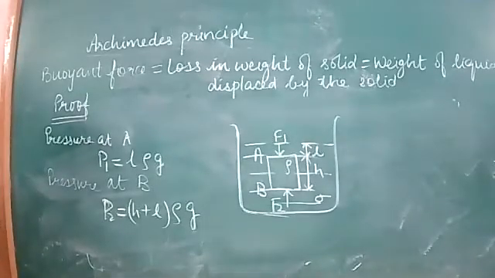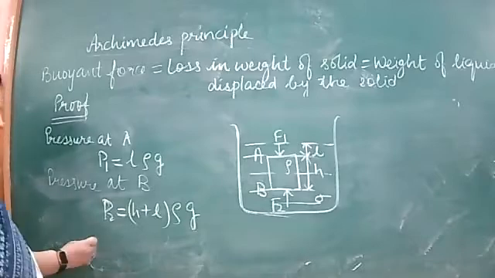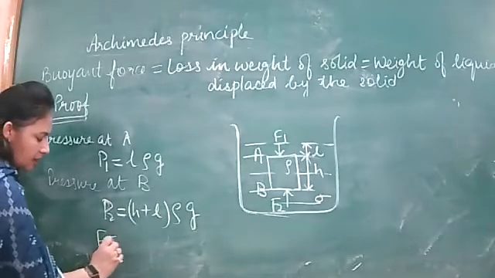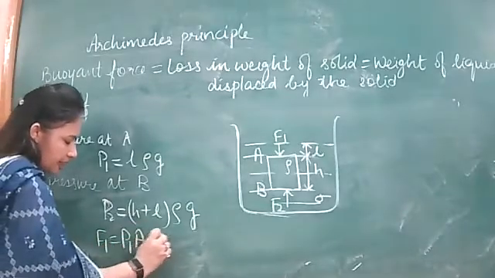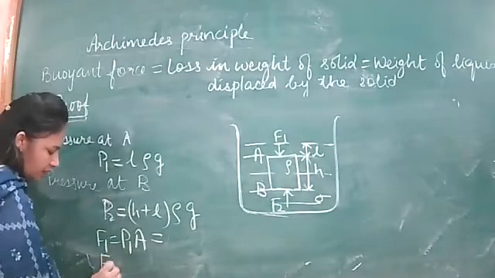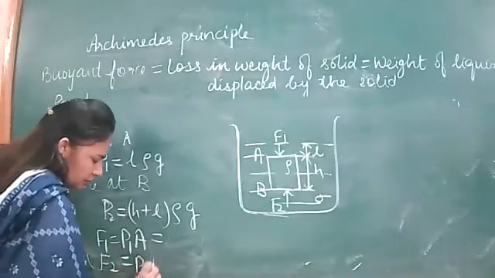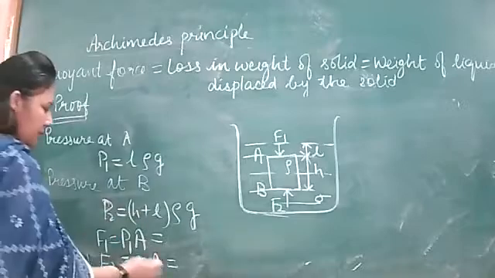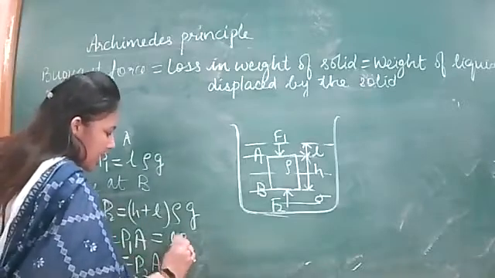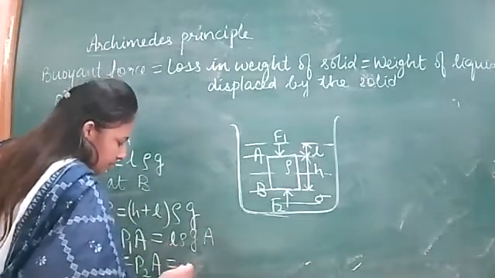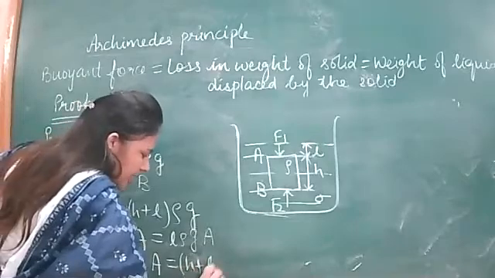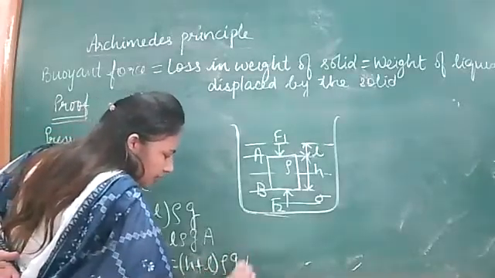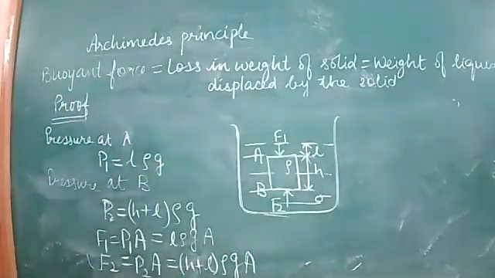Clear? Then, accordingly, the forces acting on the upper and lower faces can be written as F1 is equal to P1 A and F2 is equal to P2 A. Putting in the values, F1 is L rho G A and F2 is (H plus L) rho G A. We have written the forces F1 and F2.